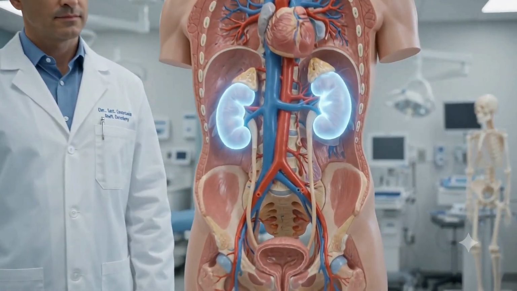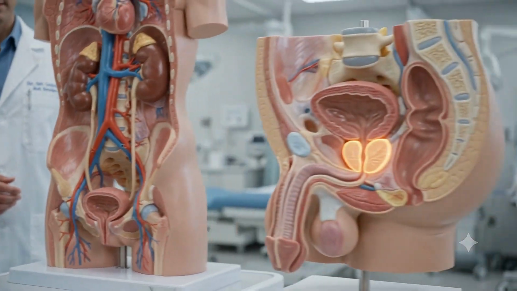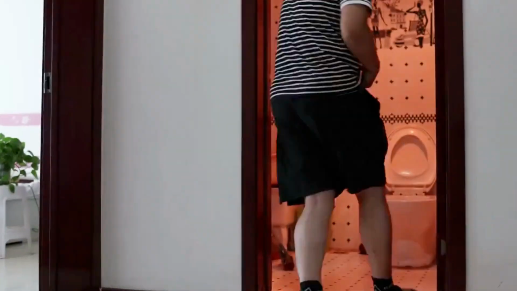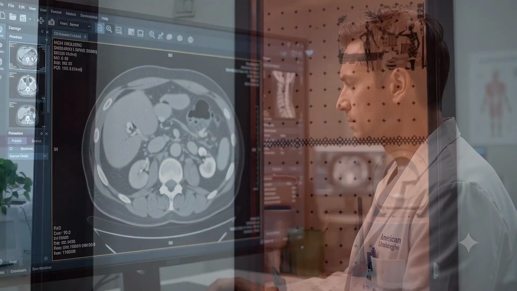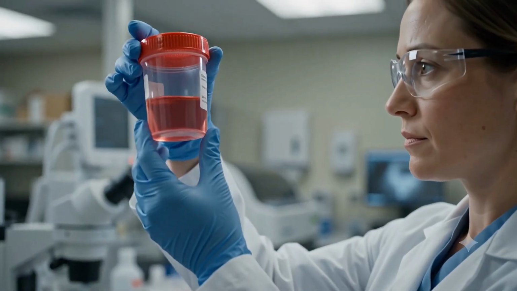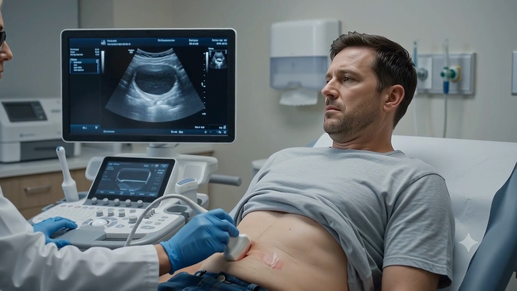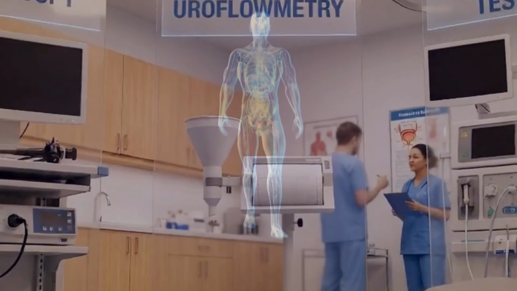This includes the kidneys, ureters, bladder, urethra, and prostate gland. Urologists commonly diagnose and treat conditions such as urinary tract infections, kidney stones, urinary retention, hematuria, urinary incontinence, and benign prostatic hyperplasia, also known as BPH.